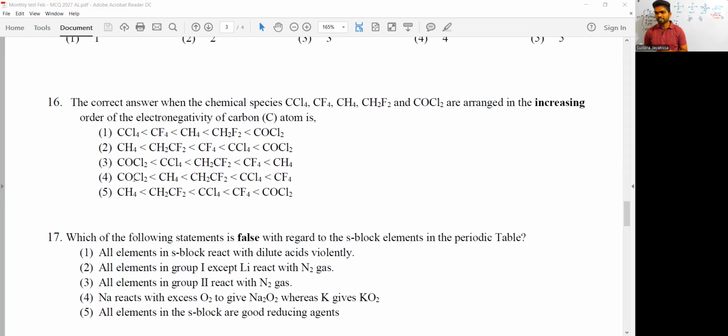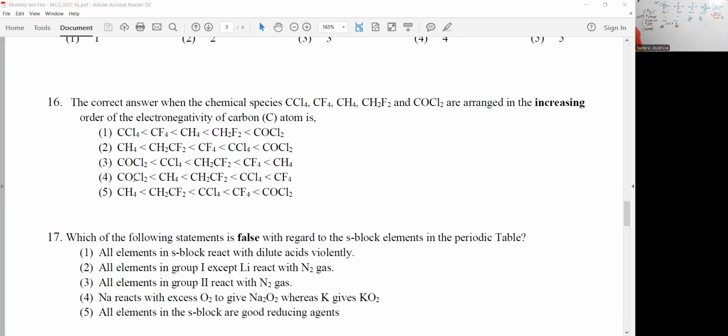It's a fast reaction, but it is not violent. So underline the word violent and say wrong. Write this statement: magnesium and beryllium are not reacting violently. They react steadily.